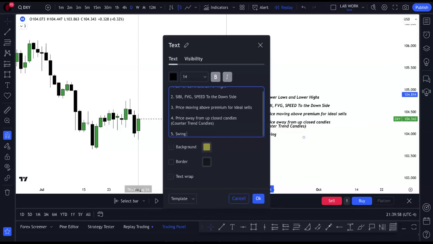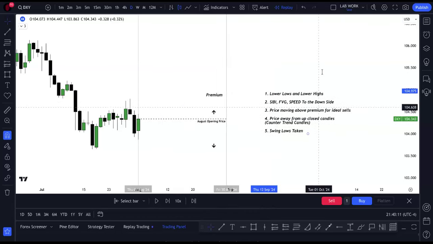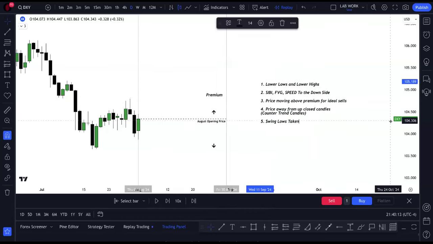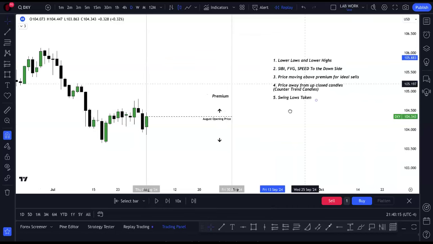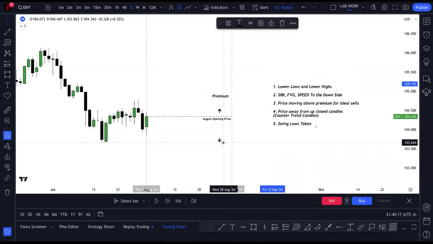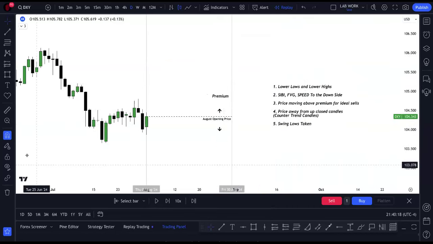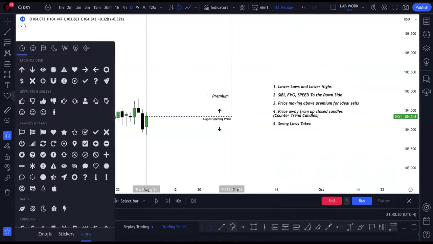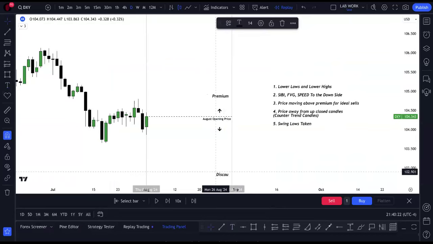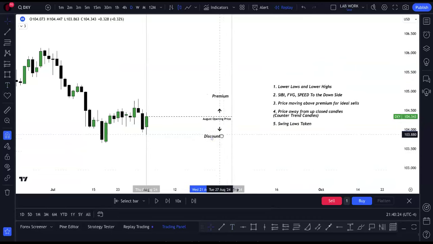I know you're probably typing. Yes, there you go. Swing lows being taken, instead of swing highs. That's what we're going to see. So these are a few characteristics. There's a few others that we can get into, but these are the general premise of what we should be seeing in a bearish month, if that's what we're expecting.